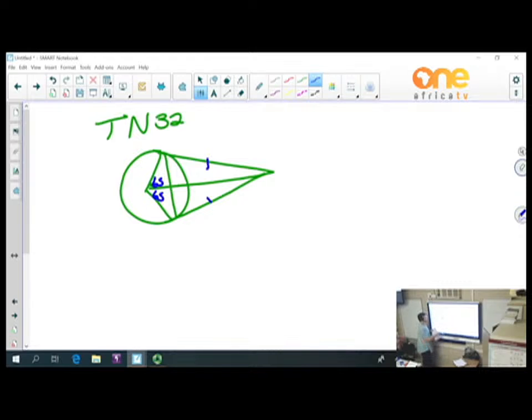Because it's isosceles, because those two are equal radii, that's why we can assume it this time. And now they say find MTN. This one is 90 degrees because it's the tangent to the radius. So what is this one? 25. 25, yes. And then the next one, MNT.